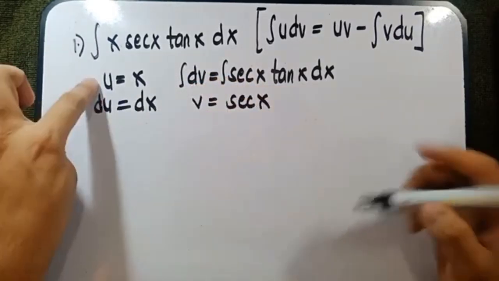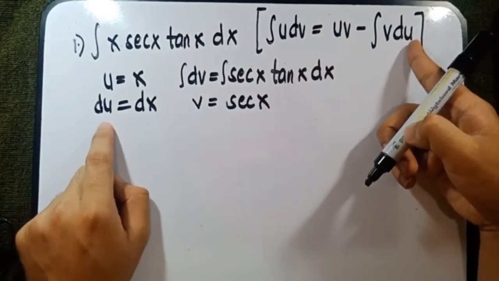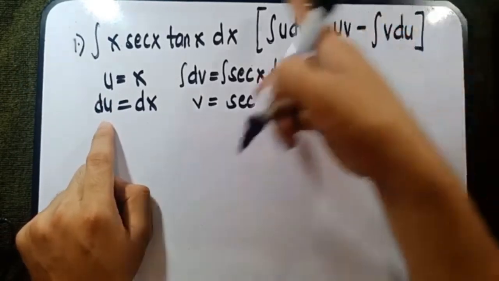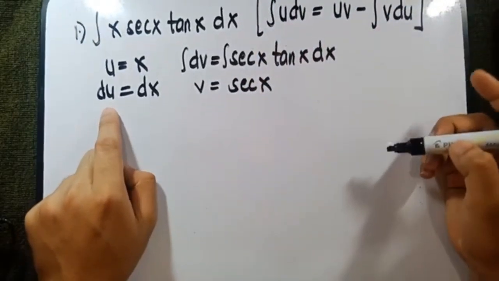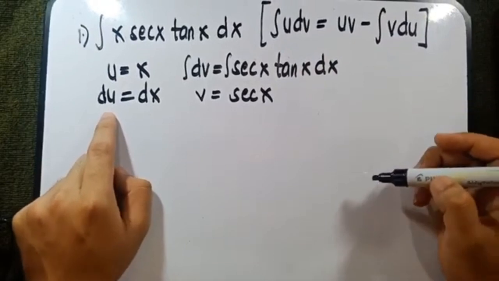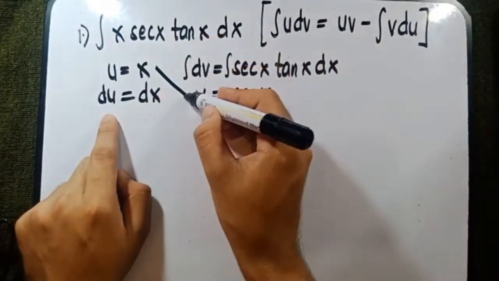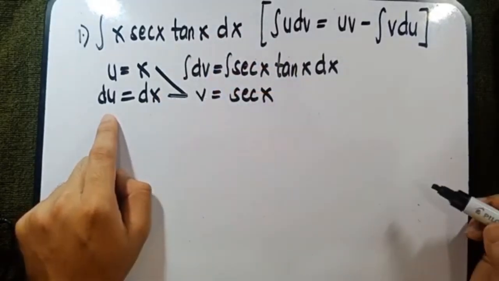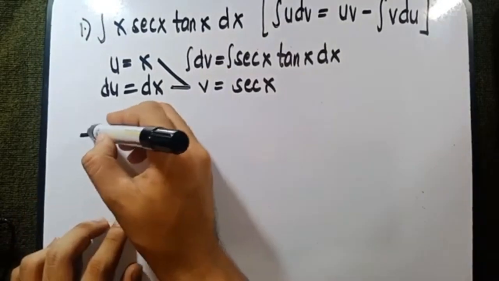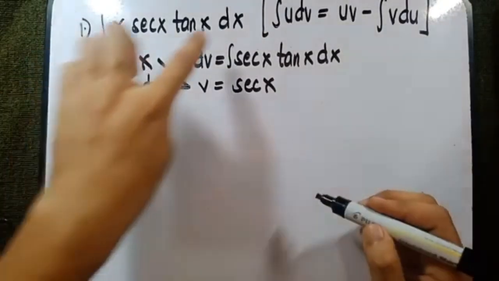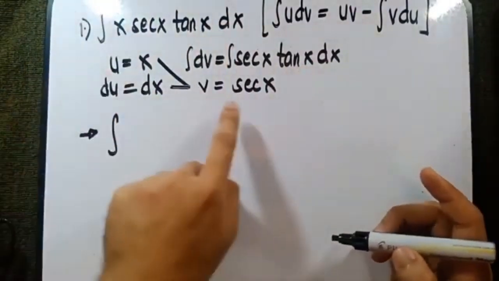So, meron na tayong u, meron na tayong v, meron tayong du. Alright? Ngayon, kung ayaw ninyo itong isulat pa at ayaw nyo i-memorize, ganito lang. So, u multiply by v, tas v multiply by du. Tama, ano? So, lalagay na natin dito.